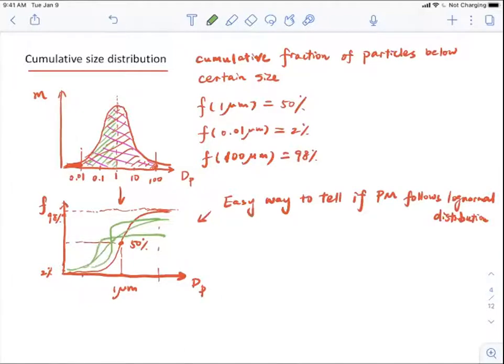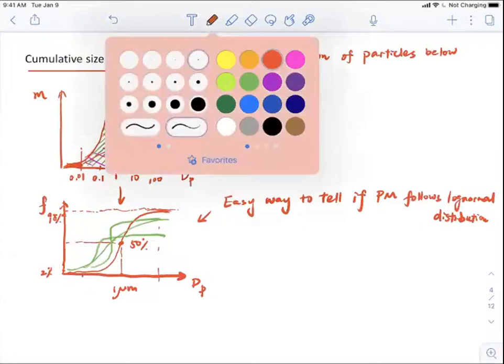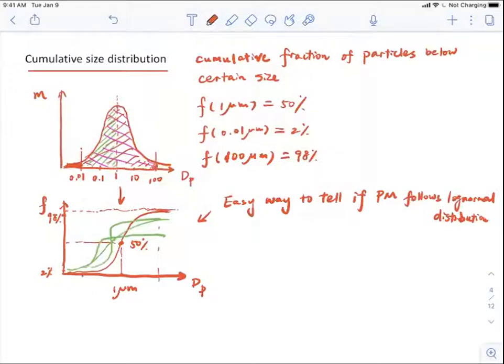So actually, the method that people came up with is to make some modifications to this curve here. If we further track the cumulative mass fraction at 0.1 and 10 micrometer, you can see that at 0.1, this is still relatively low, somewhere here. And then at 10 micrometer, it's pretty high, here.